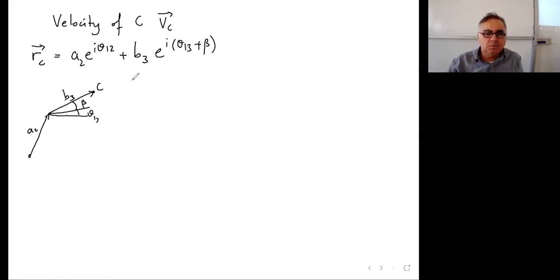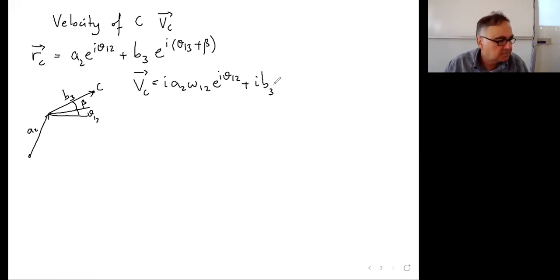So we just take the derivative. VC is equal to I A2 omega-1, 2 e to the I theta 1, 2 plus I B3 omega-1, 3 e to the I theta 1, 3 plus, well, everything is known here.